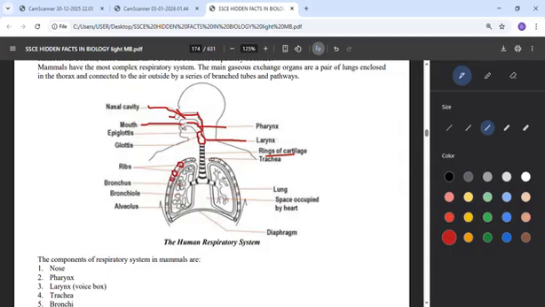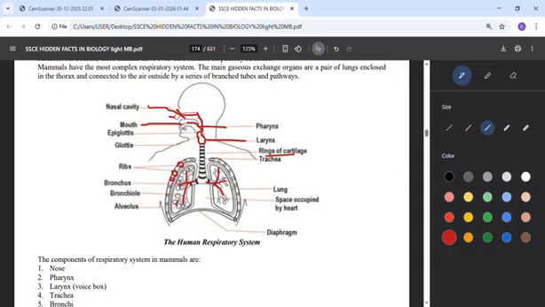Then if you go inward, as you are coming down from the nostril, the trachea branches here, and we now have the bronchi, that means bronchus here. After the bronchi, we still have bronchioles coming down. Apart from those bronchioles, we also have the alveoli, or alveolus.